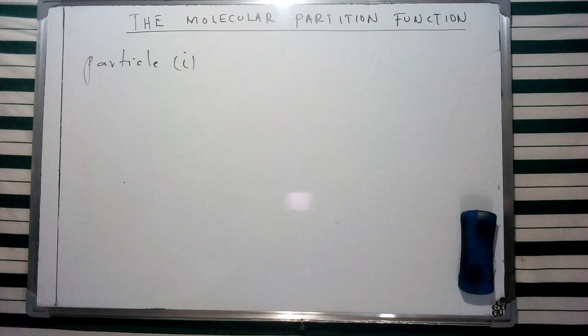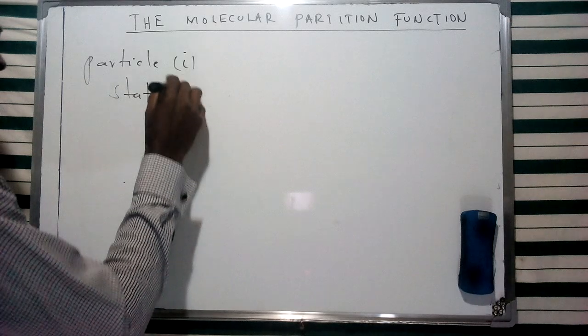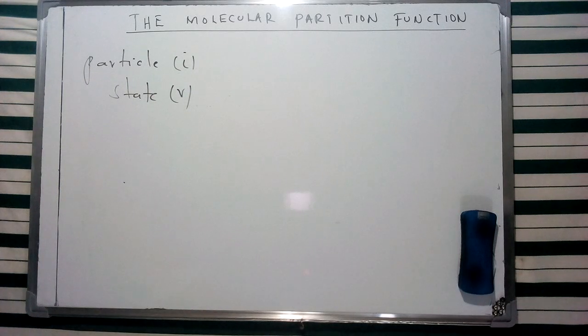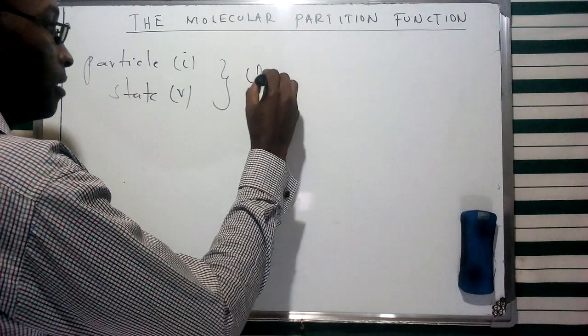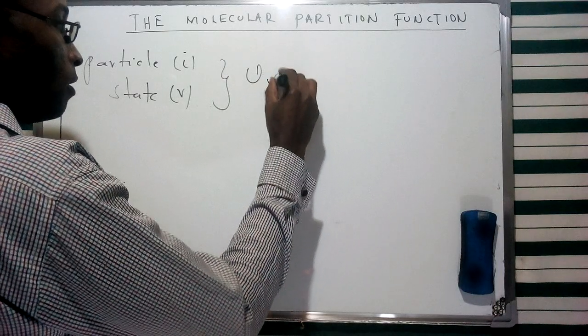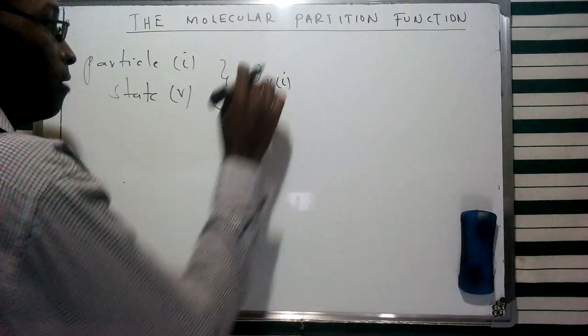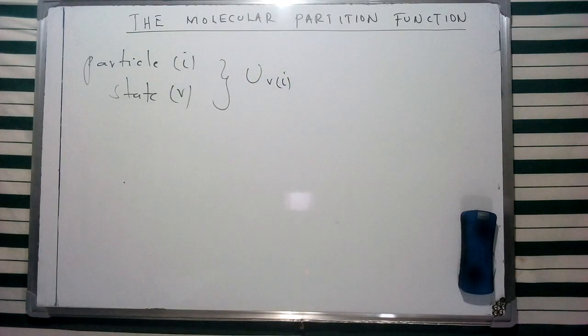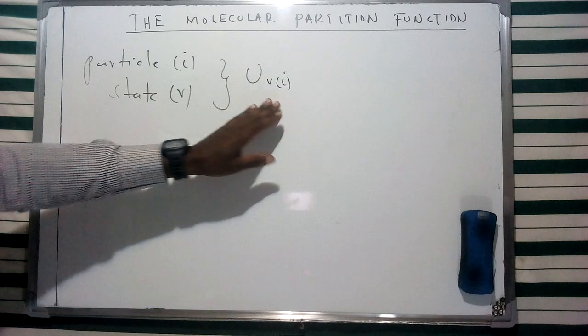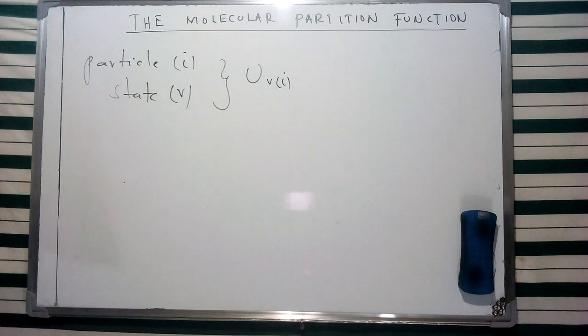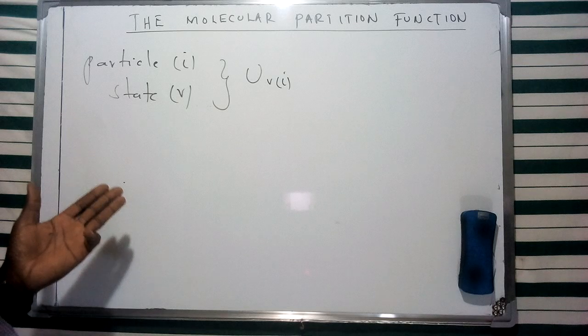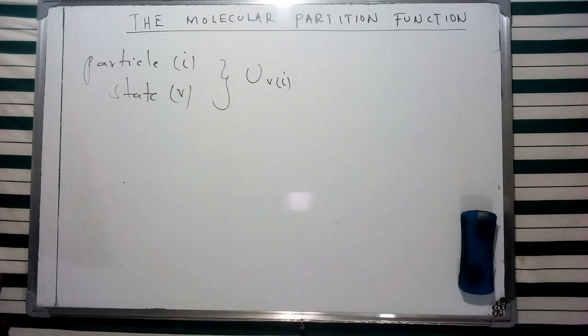So we said that we can give a specific state of this individual particle in terms of a V. We have the state of this specific particle in terms of a V, and therefore we can represent the total internal energy of that particular state as U, V, I. If we want to have a summation of all those states of energies, we said that we can represent molecules and atoms, especially gases, in terms of various states, whereby we consider translation, vibration, perhaps rotation, and electronic state.